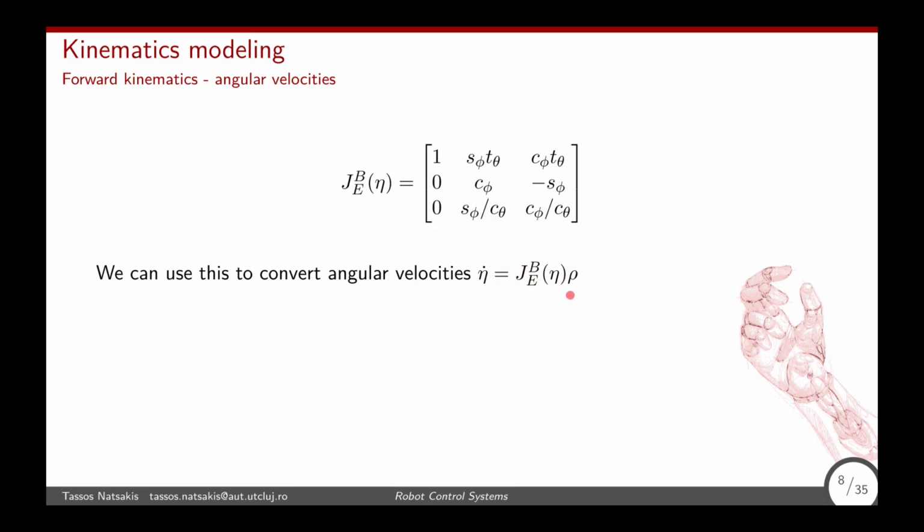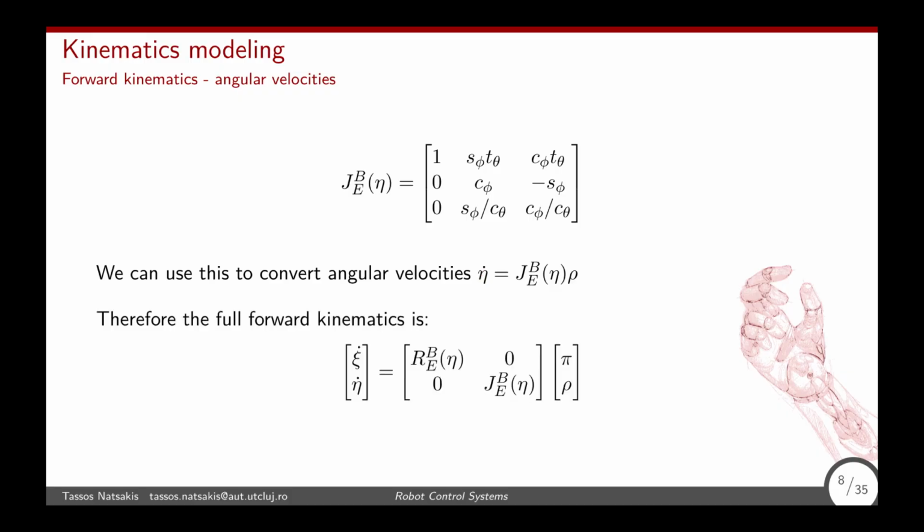And we can use this multiplication to transform from rho, which was the angular velocity in the robot frame, to eta dot, where eta was the angles in the Earth frame, so eta dot is the angular velocities in the Earth frame. So in the end, we have the forward kinematics described with these two equations. I have xi dot and eta dot, which is p dot, equal to this matrix with these two submatrices, times pi and rho.